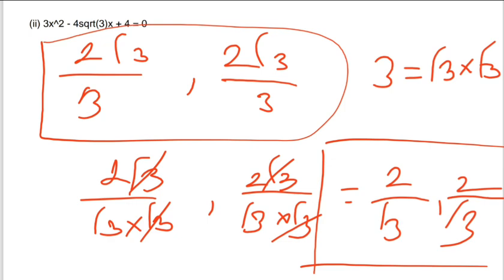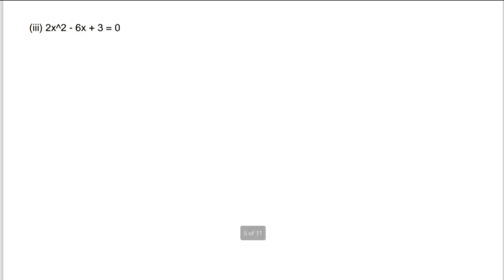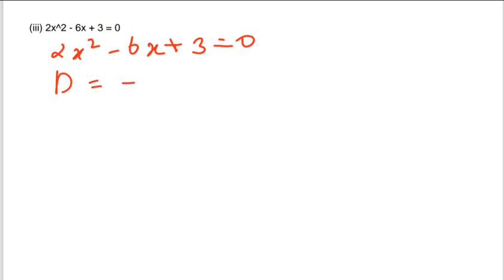So let's go with the third one. The question is 2x square minus 6x plus 3. Firstly we should find the discriminant. D is equal to b square minus 4ac. Here a is 2, b is minus 6 and c is 3.